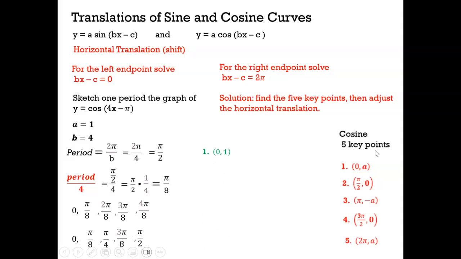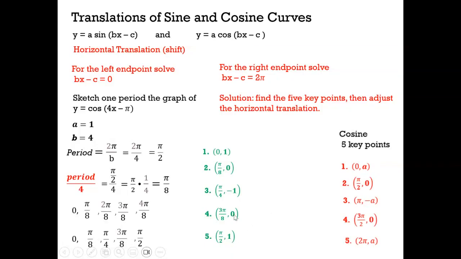So it's going to be 0, 1, the amplitude. Then pi over 8, 0. Then pi over 4, negative amplitude, which is negative 1. Then 3 pi over 8, 0. And then comes pi over 2, positive amplitude, which is positive 1. So it'll be pi over 2, 1. Those are my 5 key points.